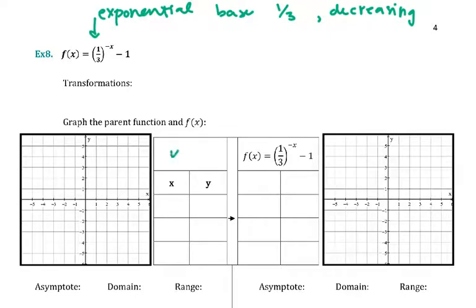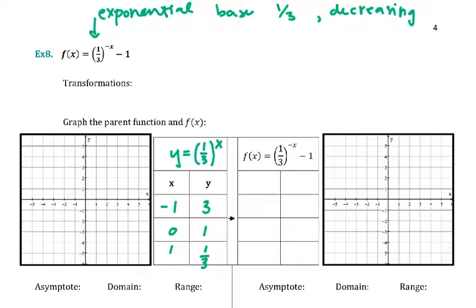We would just have y equals 1/3 raised to the x. And using our ordered pairs for parent functions, we're always going to have -1, 0, 1. And I would say 1 over a, 1 over 1/3 gives me 3. Then we get 1. And here we just have our a value, which is 1/3. So that would be our parent graph.